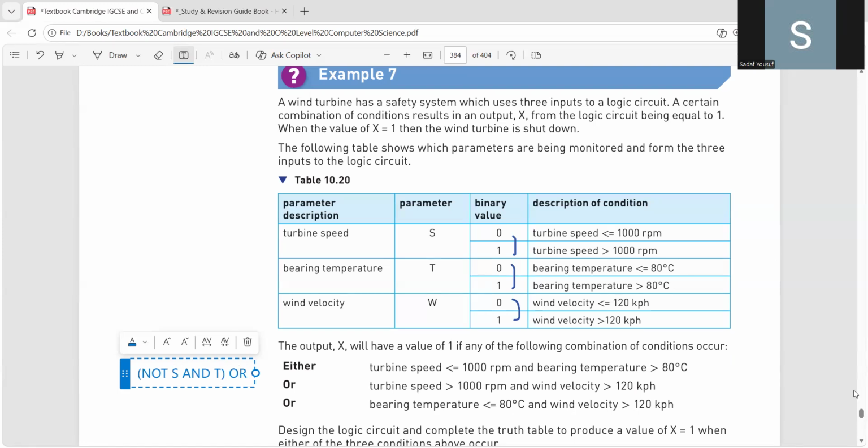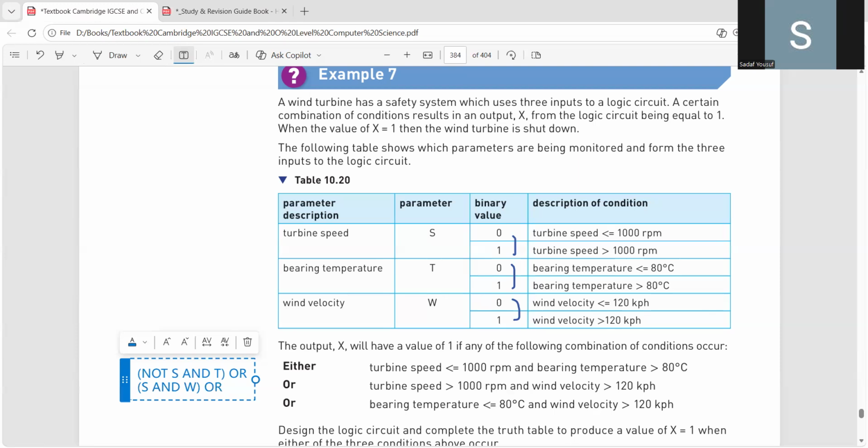Okay, now let's very quickly do the next part. Or turbine speed greater than 1000 RPM. Turbine speed greater than 1000 RPM means S is 1. So I'll simply say S. And the second situation is velocity above 120 kph. You can see velocity above 120 kph is 1. So you will simply say S and W. This is your second situation. And lastly, it is or.